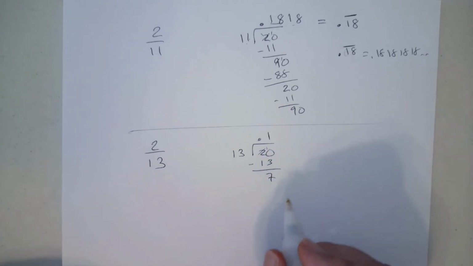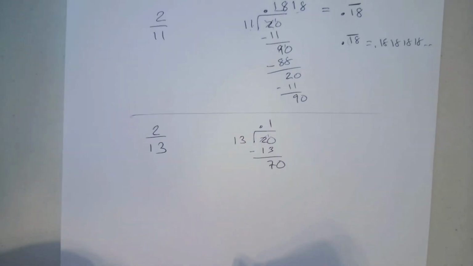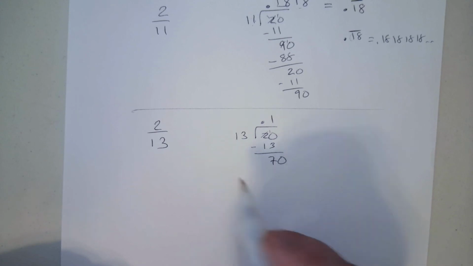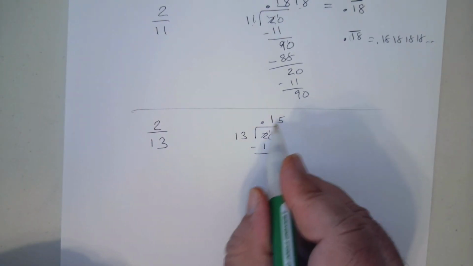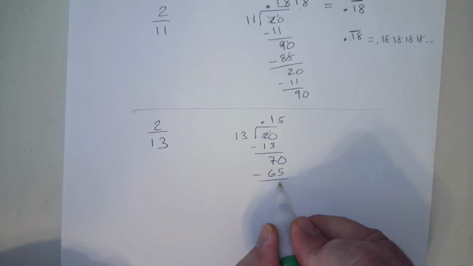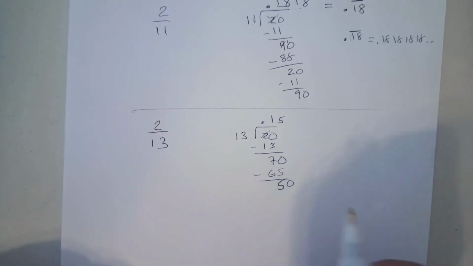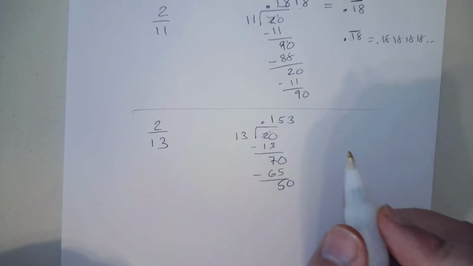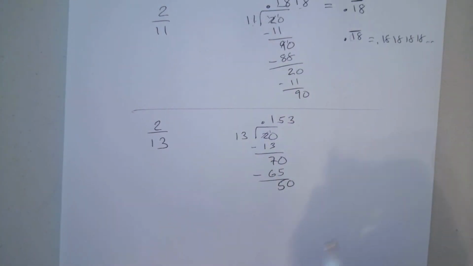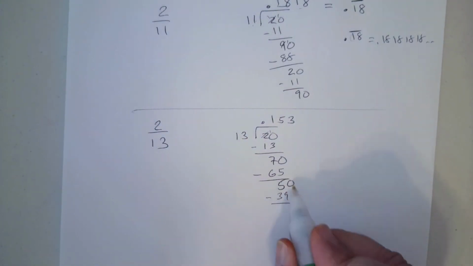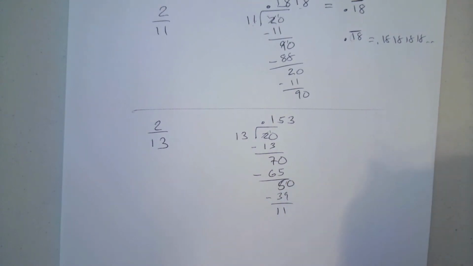It becomes 7. 13 goes into 70. 6 would be too big, so it would be 5 times. 5 times 13 is 65. Subtract, and we get 5. 13 goes into 50. 4 times is 52, so it's 3 times. Three times 13 is 39. Subtract, we get 11.